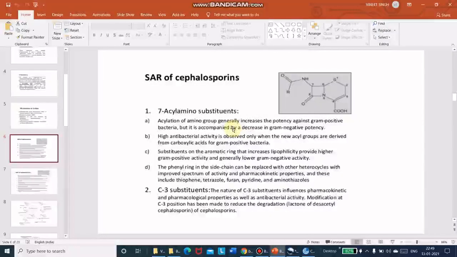Then substituent on the aromatic ring that increases lipophilicity provides higher gram-positive activity and generally lower gram-negative activity.